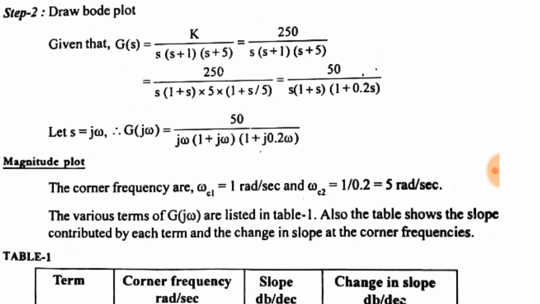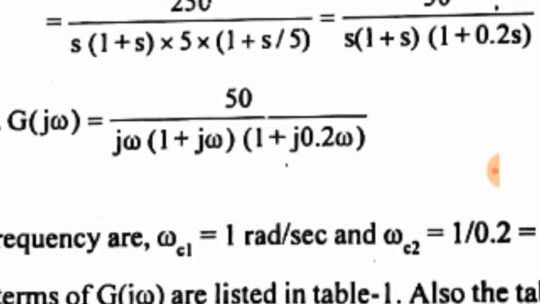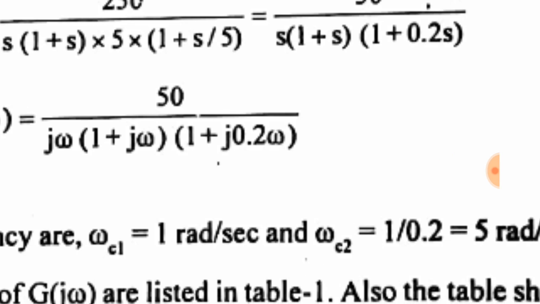First one is 1 radian per second, and next is 1 by 0.2, which is 5 radians per second. We get that from here: in the first term we have 1 + j omega, and in the second one we have 1 + 0.2 j omega.